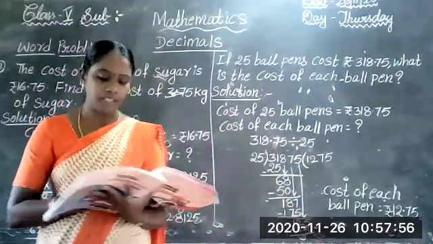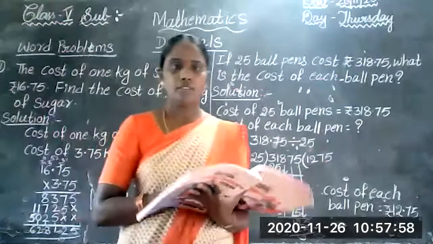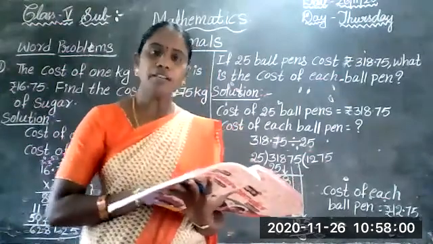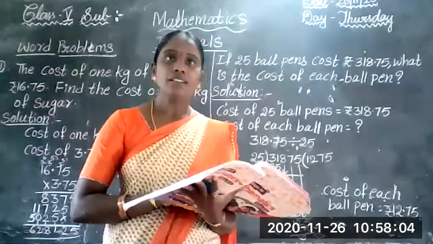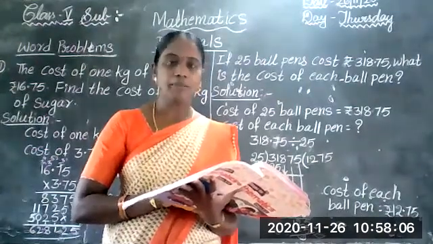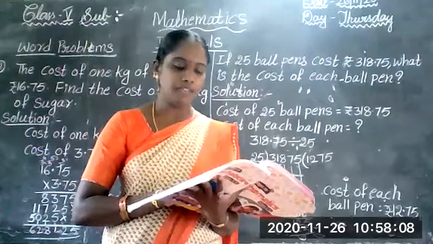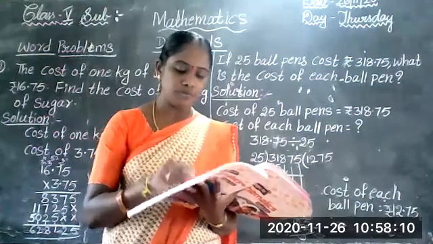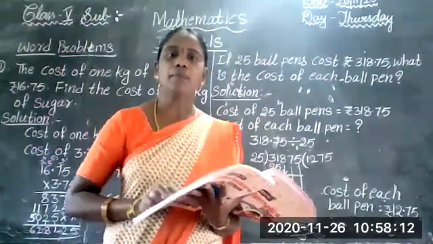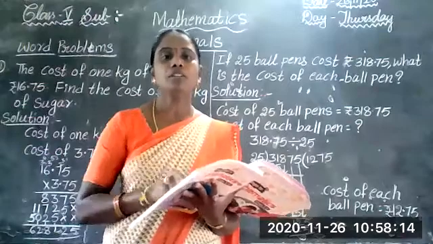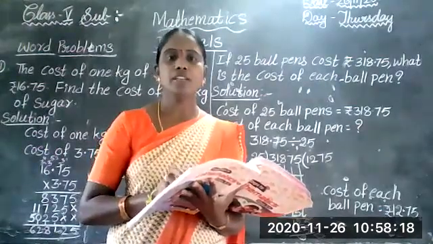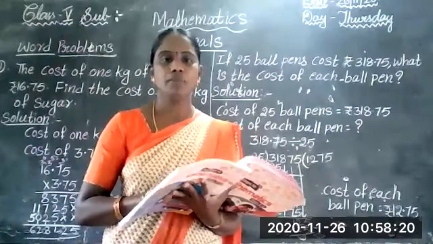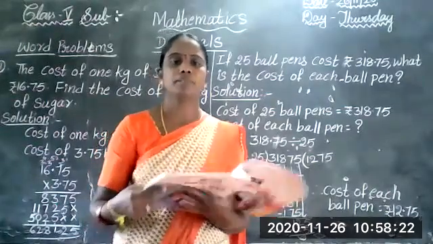Divided by 10, divided by 100. Next, the third bit you can also do, children, because it is a decimal number divided by a decimal number. Next, fourth bit, fifth bit, and the remaining problems are there. So complete the revision exercise in your CW tomorrow, the day after tomorrow and Sunday also.